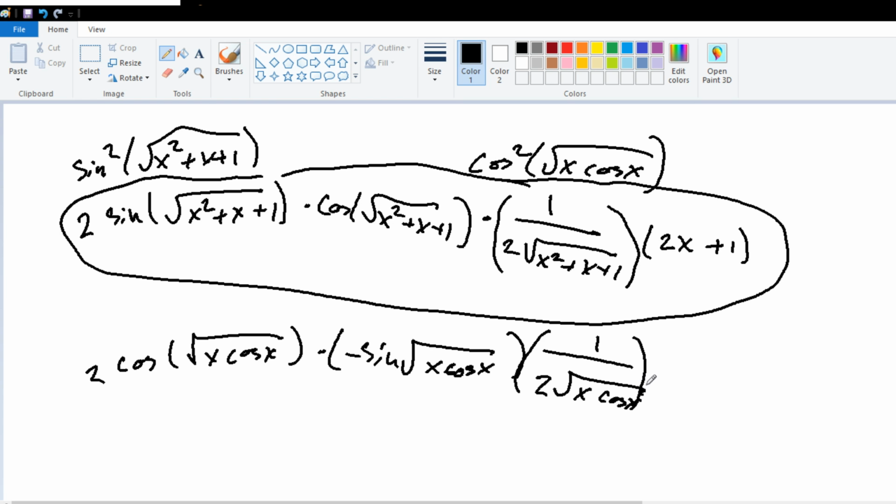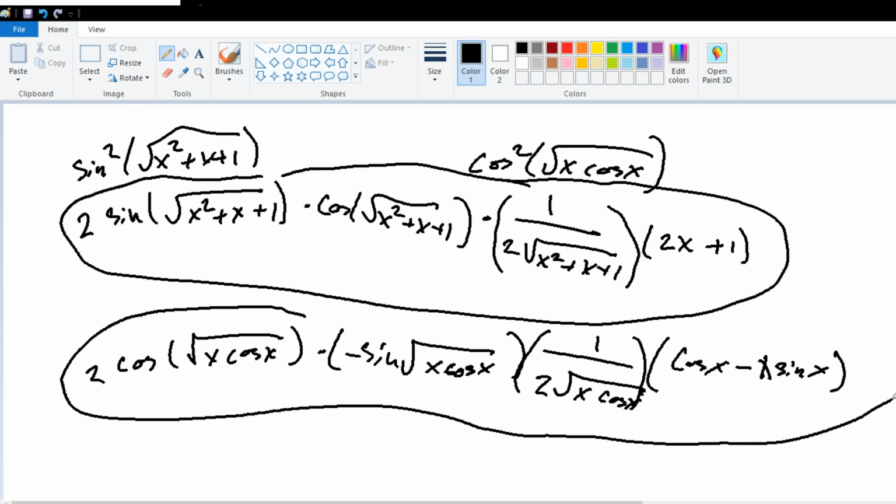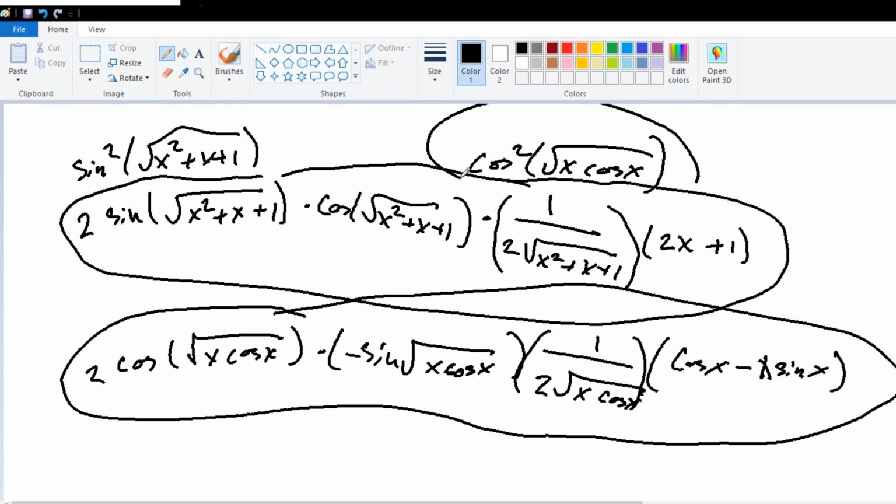We go in one more step, we get a product rule. So we get cosine of x, because that's the derivative of the first times the second, so 1 times cosine, plus x times the derivative of cosine, which is negative sine x. So that's the negative, here's the sine. And then we've gone all the way in. So this here is the derivative of our second problem up here.